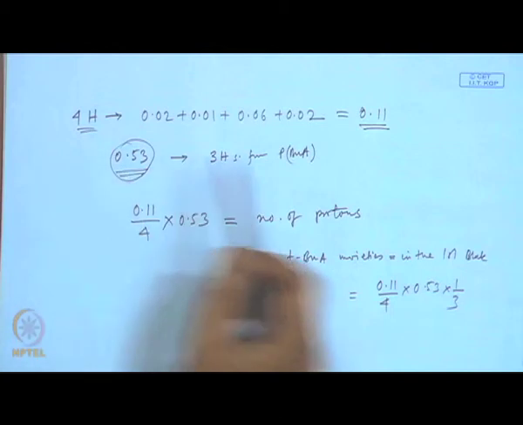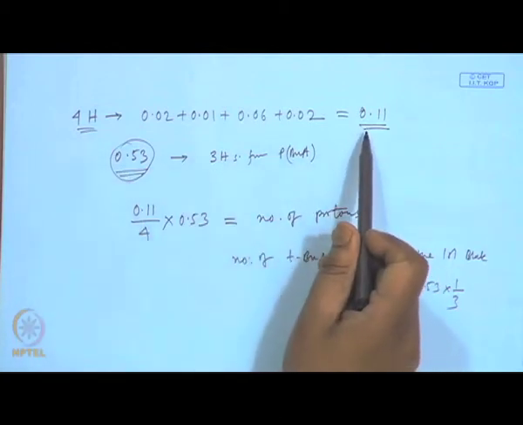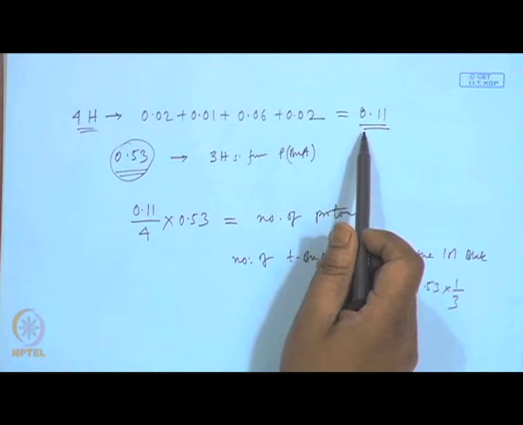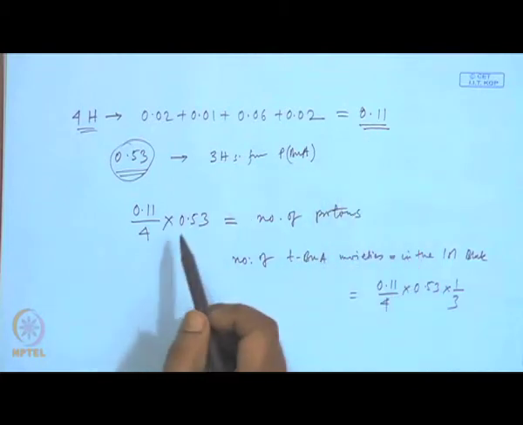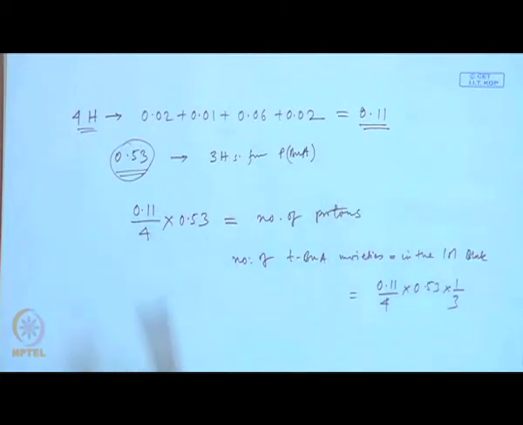Four hydrogens correspond to 0.21. So, 1 hydrogen corresponds to... there may be a mistake I am making here. Okay, fine.